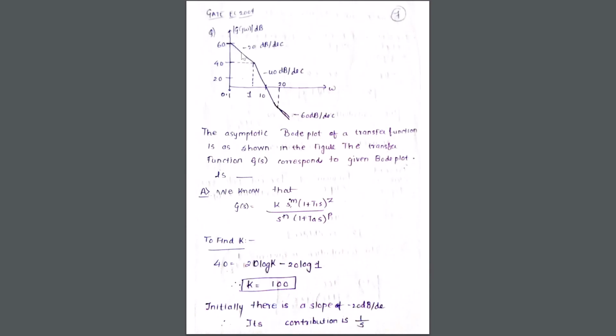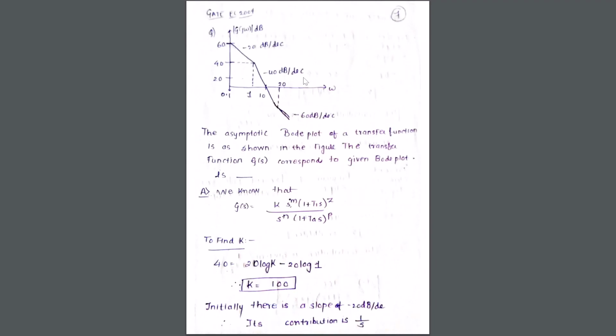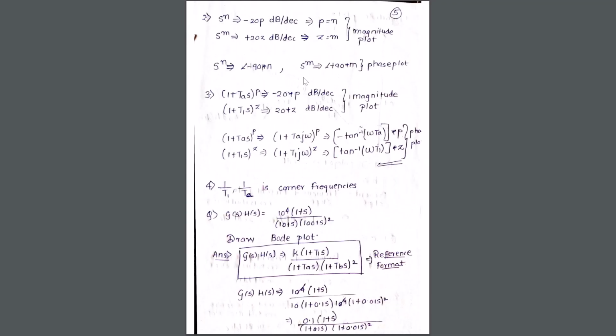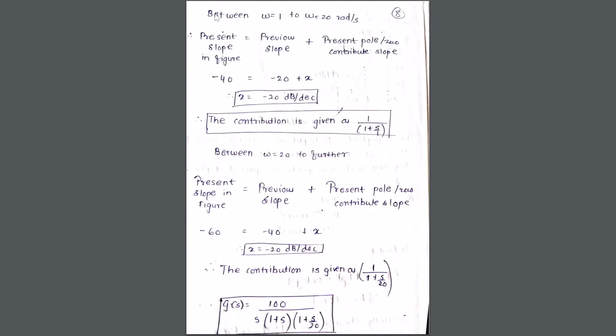The present contributing slope is something that we have to find out because G of s is what we have to find. In the last question, G of s was given to us, hence I had the present slope to find and plot. But in this one, the plot is given, hence I have the present slope in the figure, but I don't have the actual contributing slope that we have to find out.